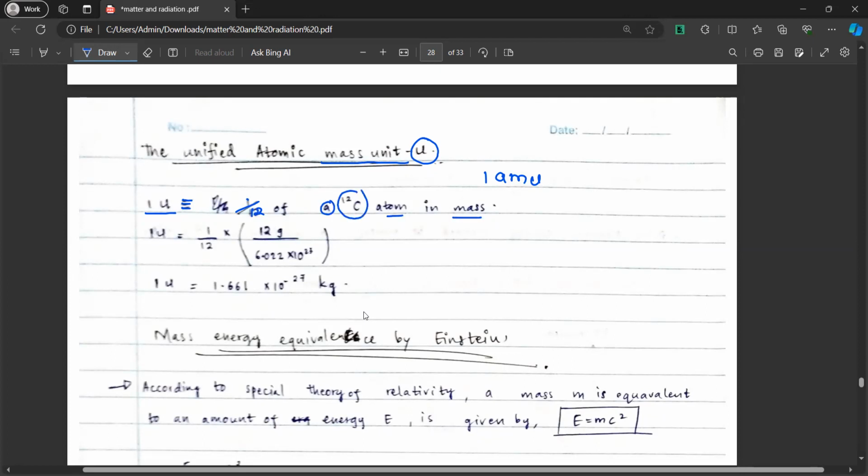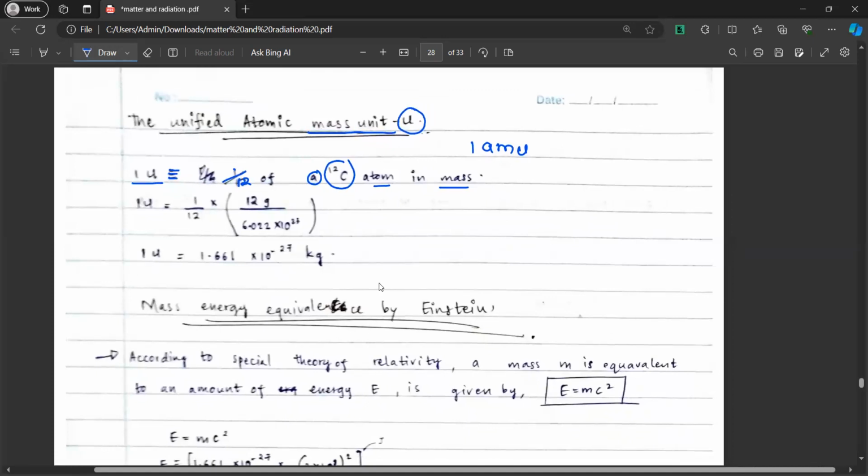That definition you already know. We know that 1 mole of carbon is 12 grams, right? So in 1 mole, we are going to have the Avogadro number.